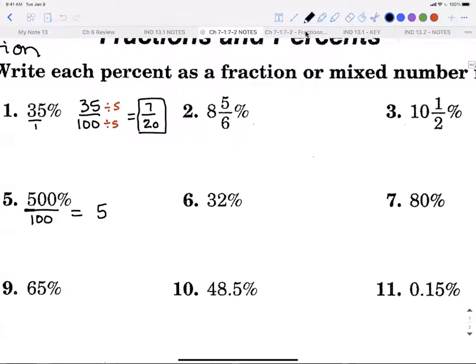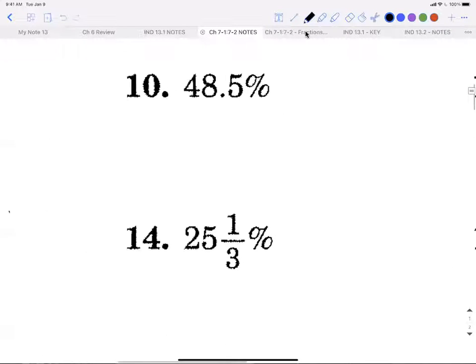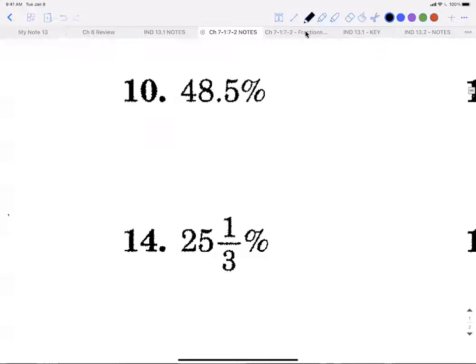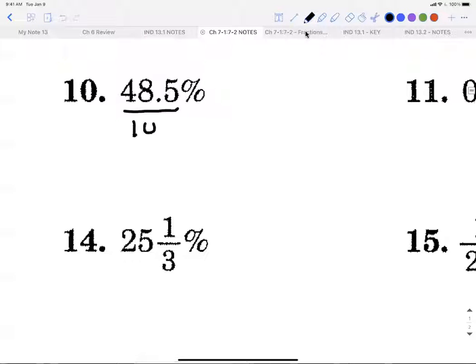All right, what if it's not a whole number? What if it is a decimal? Okay, we're going to do an example like this, 48.5. I'm still going to start out by putting it over 100, okay? I'm going to start out the same. However, I can't have a decimal in my fraction. So I'm going to make this a whole number by moving it 1 spot to the right.